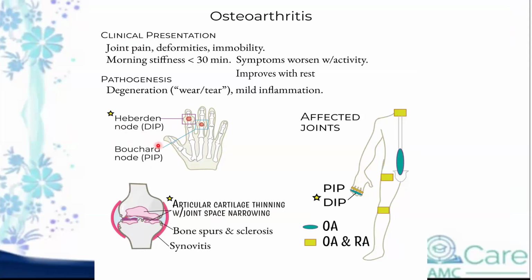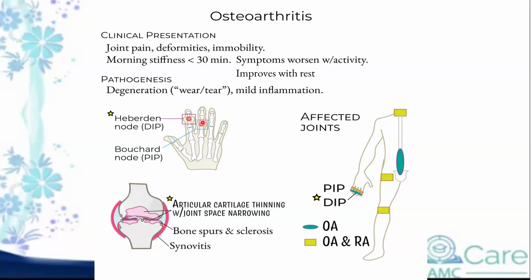So then you need to know the Heberden's node and the Bouchard's node, right? So we remember this as HD and BP, right? You can remember one of the two, HD or BP, right? Heberden's is for the distal interphalangeals. Bouchard's is in the proximal interphalangeals. These are soft tissue enlargements, like nodules that come in the fingers within the joint, right?